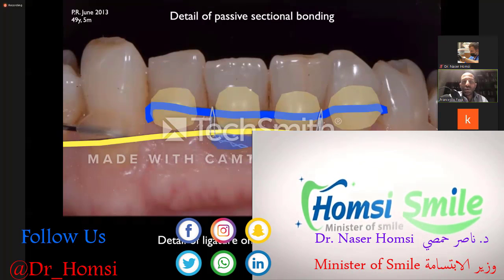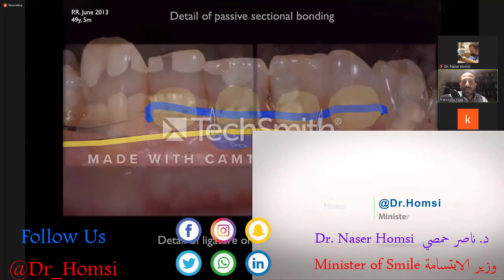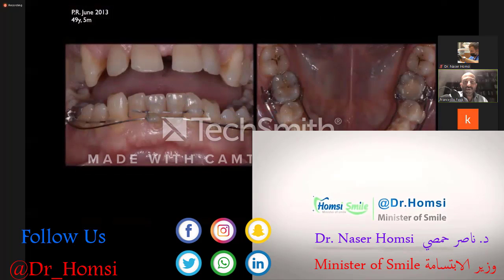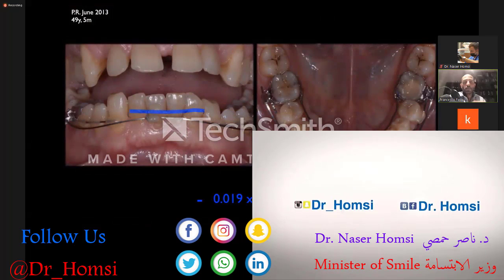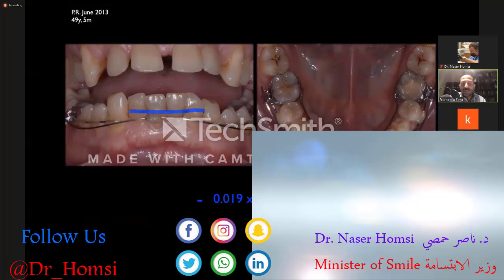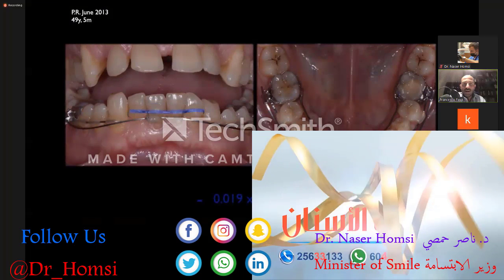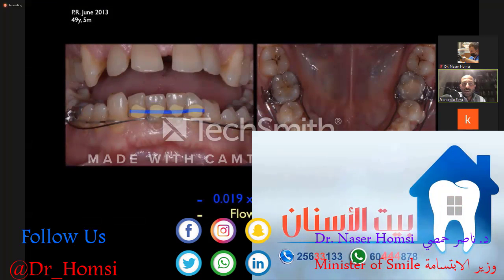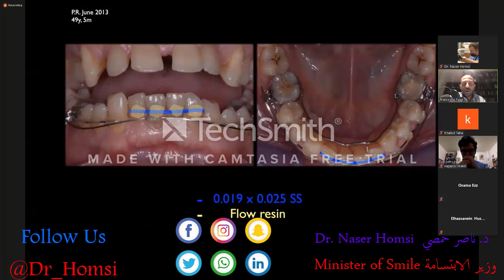Let's take a look also at the posterior setup of the appliance. We have the 19x25 stainless steel wire connecting all the incisors, bonded with flowable resin on the enamel of the lower incisors.